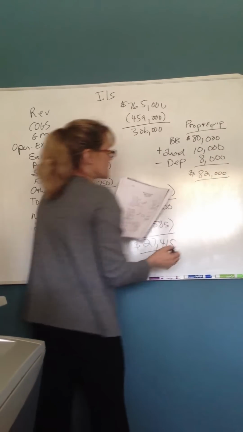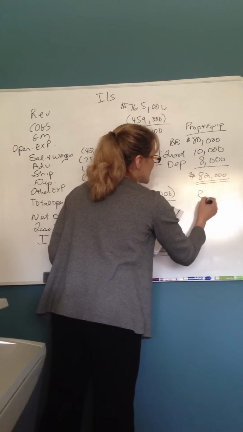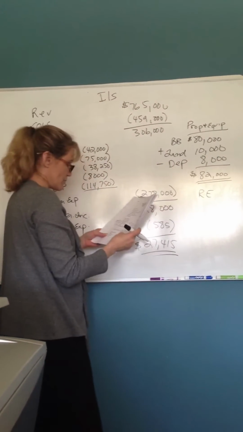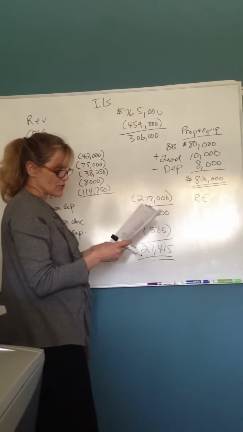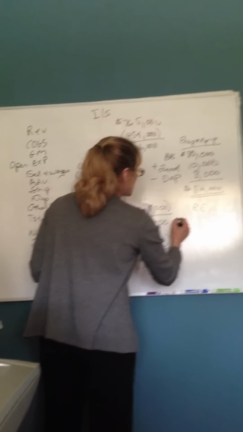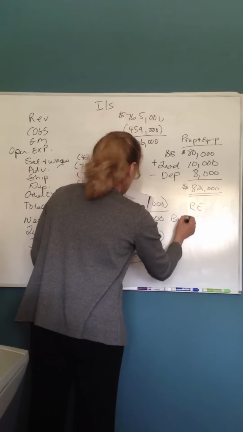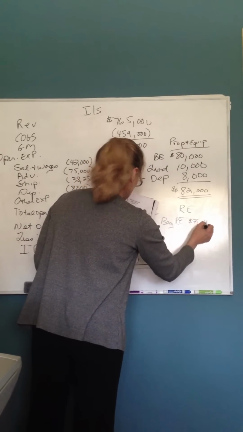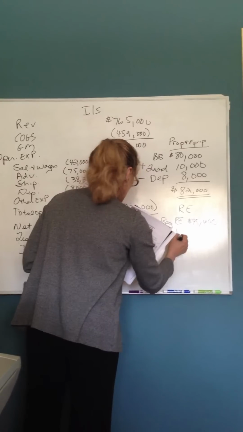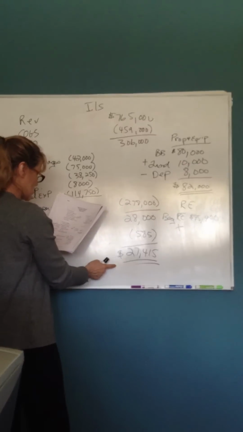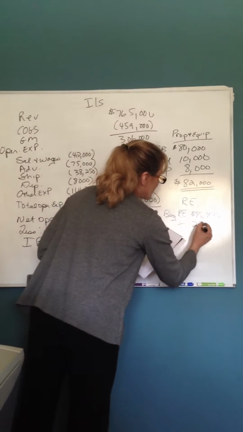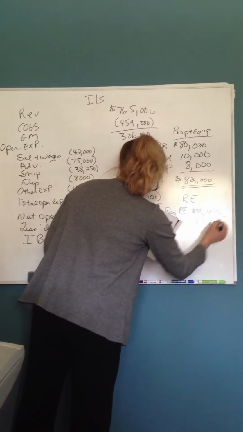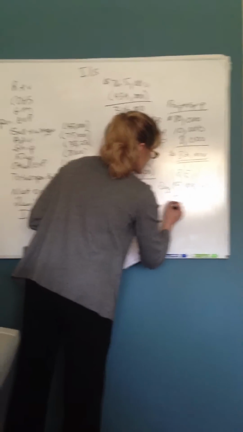For retained earnings, to figure out our retained earnings balance, we have to look at our beginning of year retained earnings, which is on page 13 on the balance sheet. So our beginning retained earnings were $95,400. We're going to add our net income, which is $27,415, and we're going to subtract our dividends.